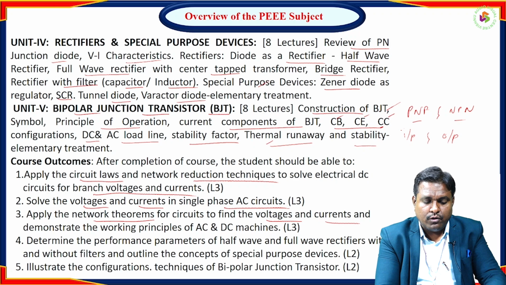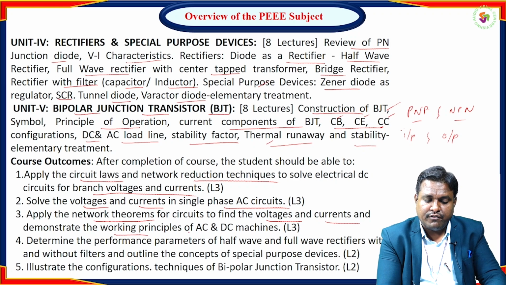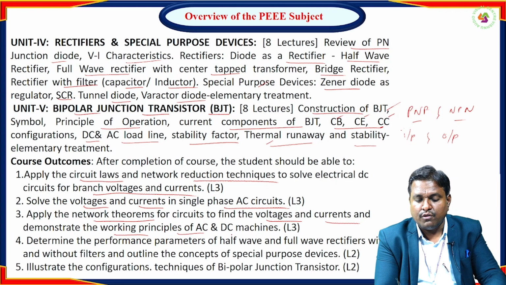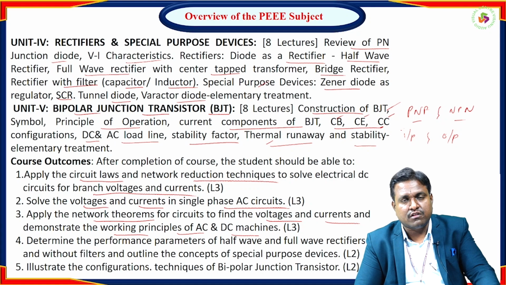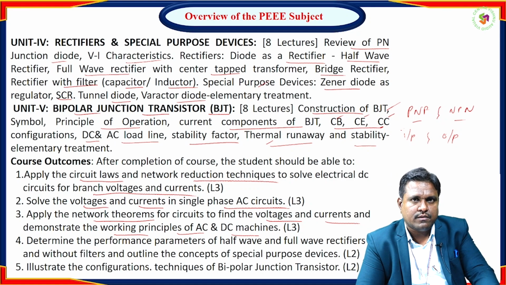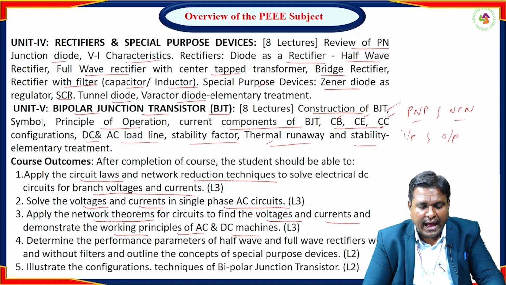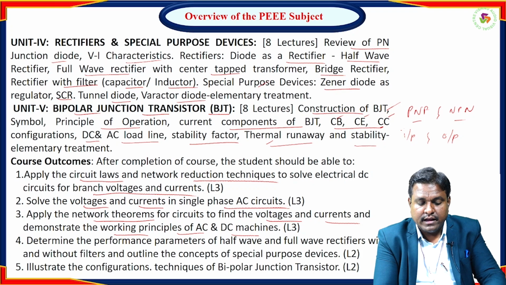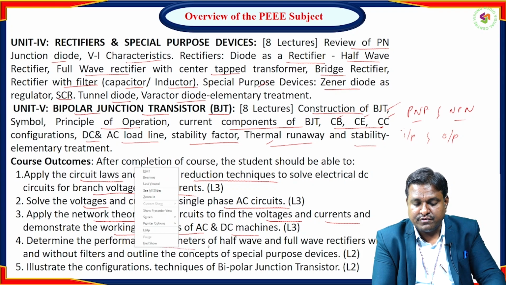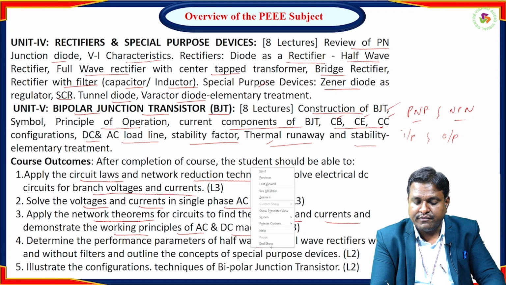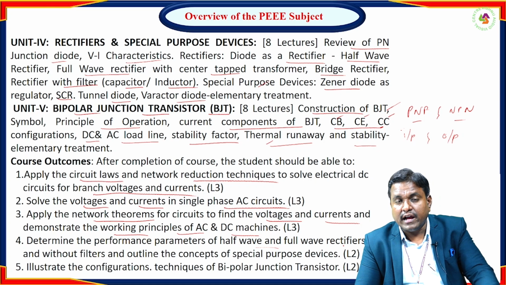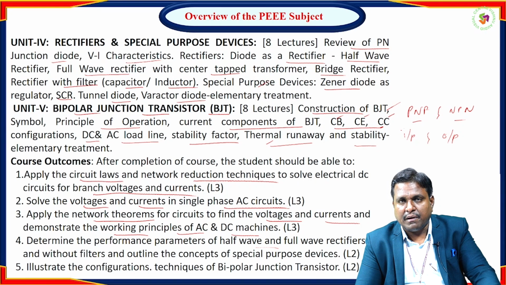And here we are going to discuss again the types of DC and AC machines, how they are going to work, their principle of operation, and construction. And he is going to have a complete idea on the rectifiers, the performance parameters of the rectifiers, half and full wave rectifiers, how they perform and what their applications are.